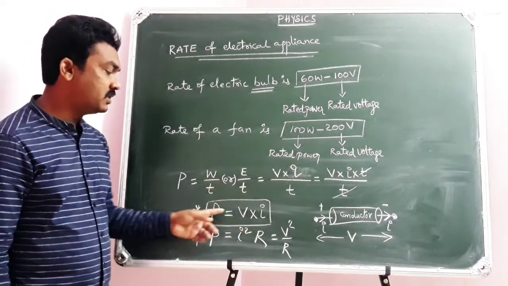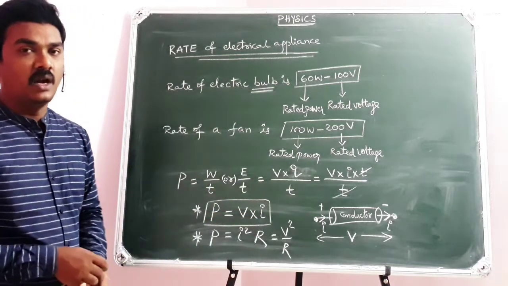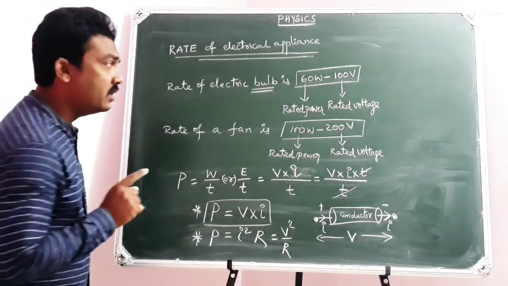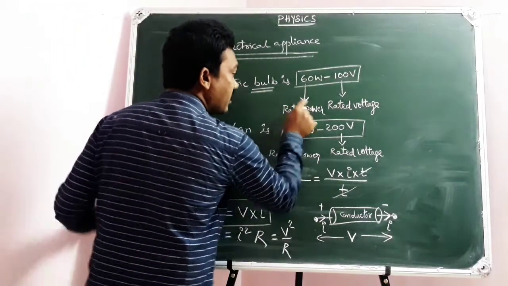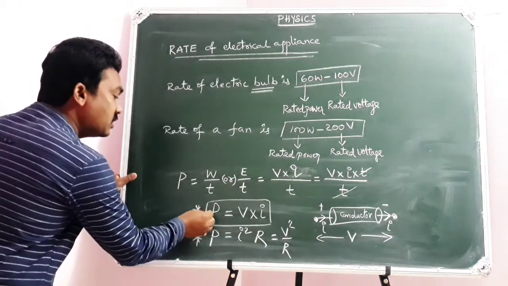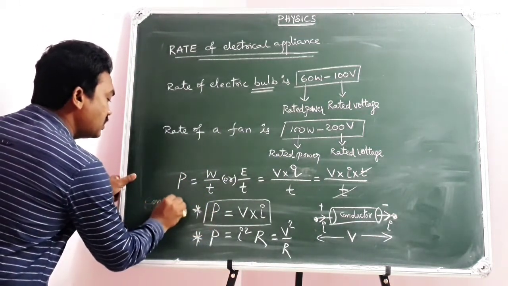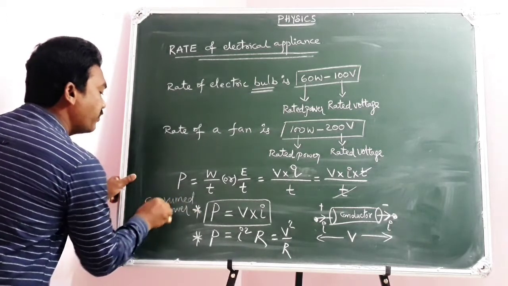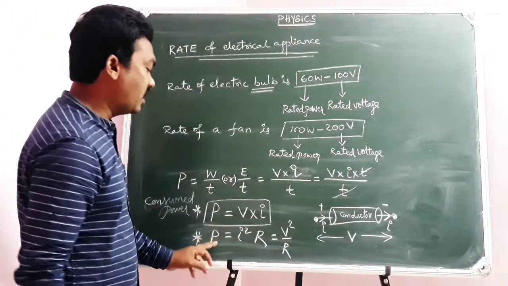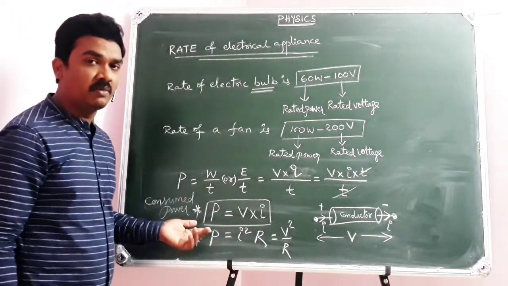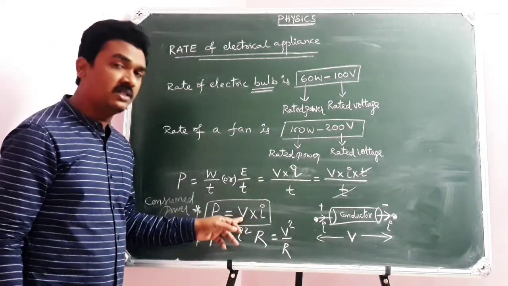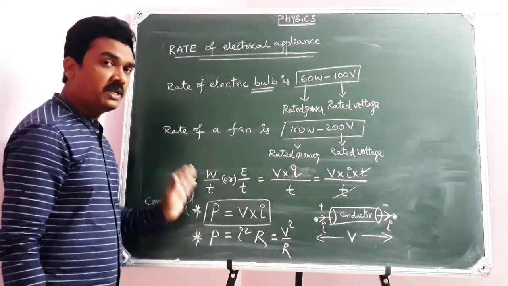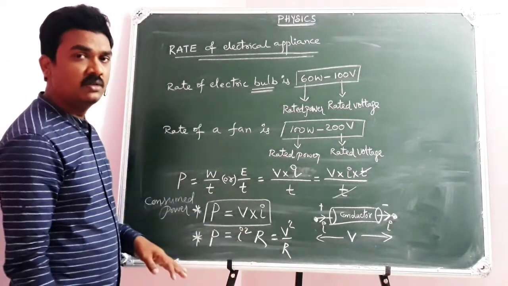Then electric power consumed P is equal to V into I. And here is a very important thing that you note down: the rated power need not be the same as the consumed power. This is consumed power. How to calculate consumed power? As per the formula, P is equal to V into I, or P equal to I square R. This is consumed power, which depends on the potential difference across that appliance, on the current passing through it, and on its resistance.